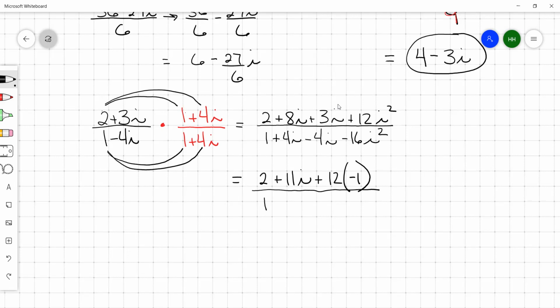Now you've got a positive 4i and a negative 4i. That equals 0. Positive 4i minus 4i is 0i. You don't write anything, it goes away. Now you've got this negative 16 times negative 1.